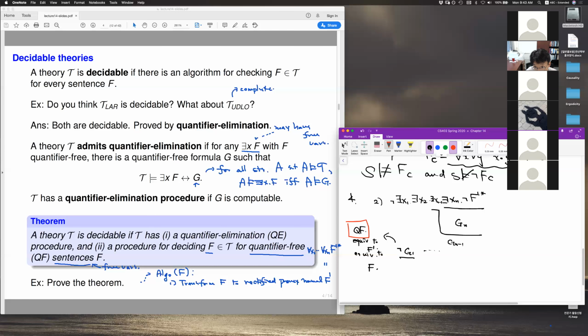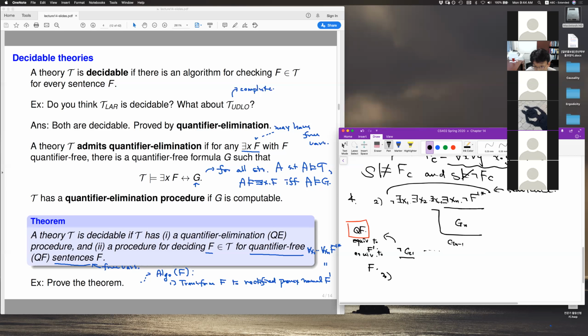That's an important part. One thing I didn't say about quantifier elimination is that when it does quantifier elimination, it doesn't introduce any new free variable at all. We start with this entire thing, which was a sentence, which means it was a closed formula.